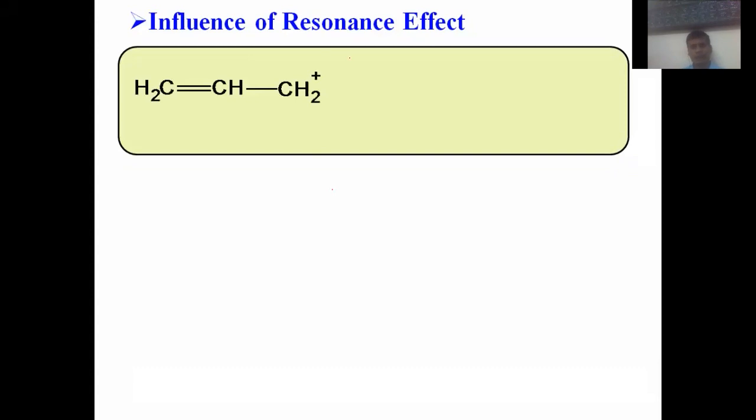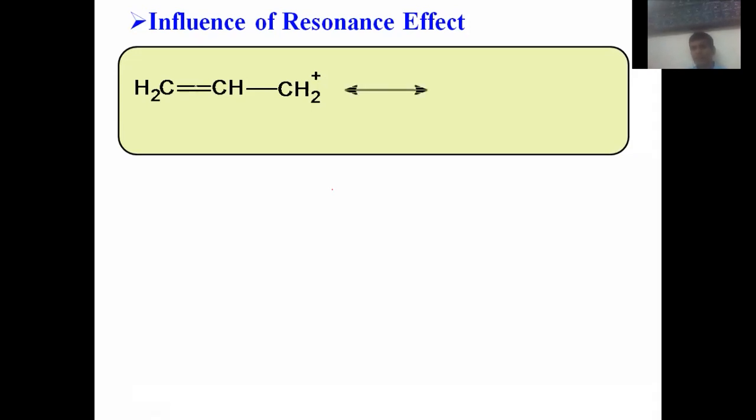Allyl carbocation: CH2 double bond CH, single bond CH2, and that terminal carbon has a positive charge. Okay, this is the allyl carbocation. Now here what happens: that terminal carbon having a positive charge means it is electron deficient. Therefore, this pi bond undergoes delocalization.